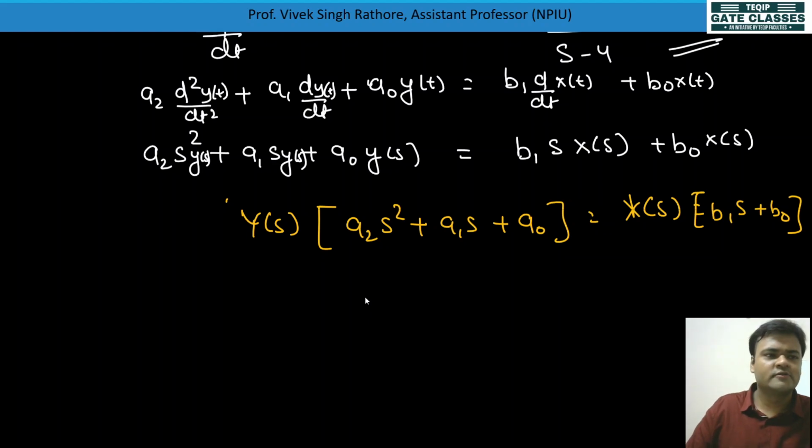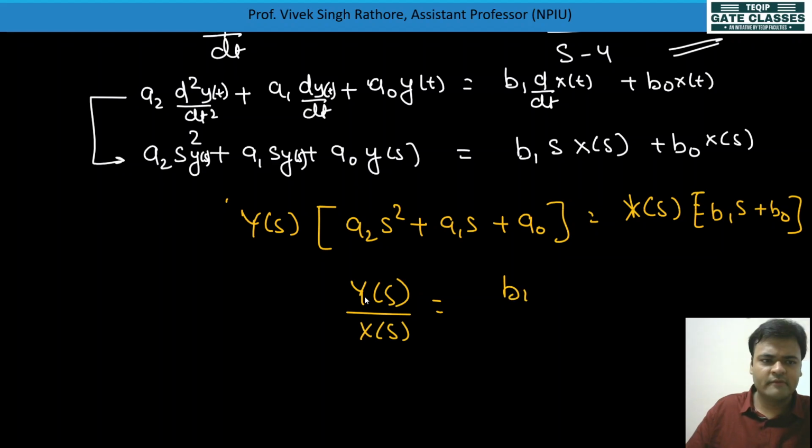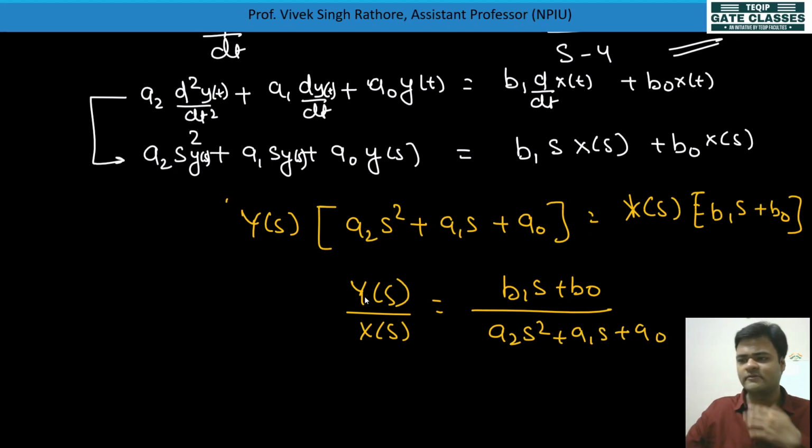So this is the method to write a differential equation in the time domain, and the same in the frequency domain. Then we can just solve it: if you need the impulse response, you just need to solve b1 s plus b naught by a2 s square plus a1 s plus a naught. This is the expression we'll get.